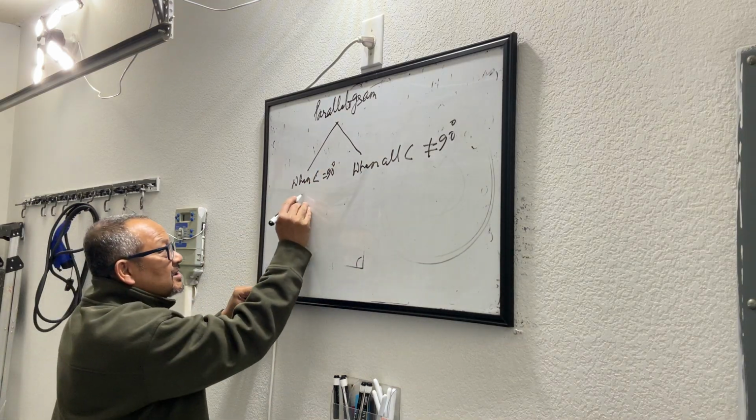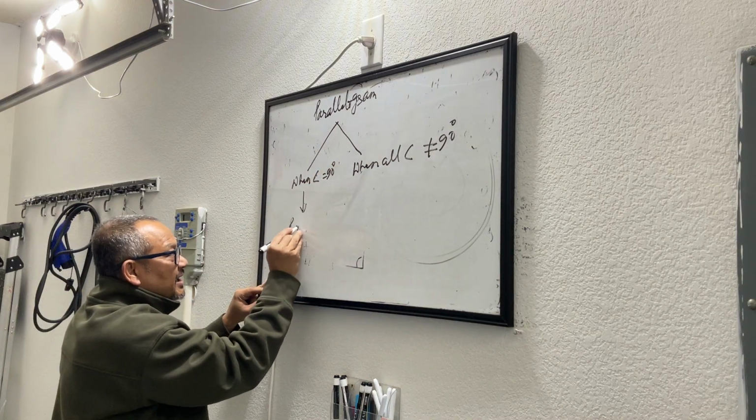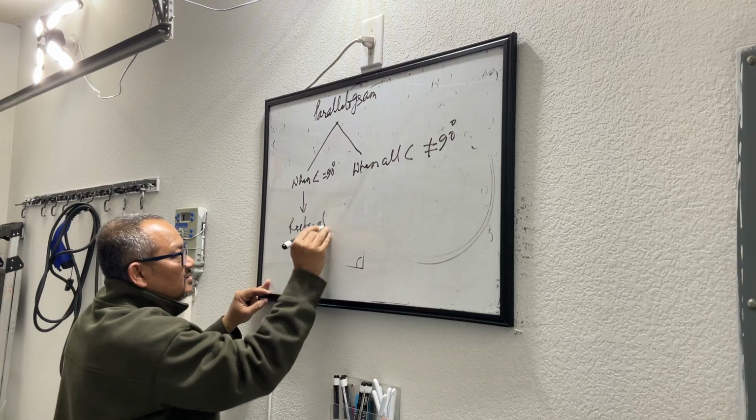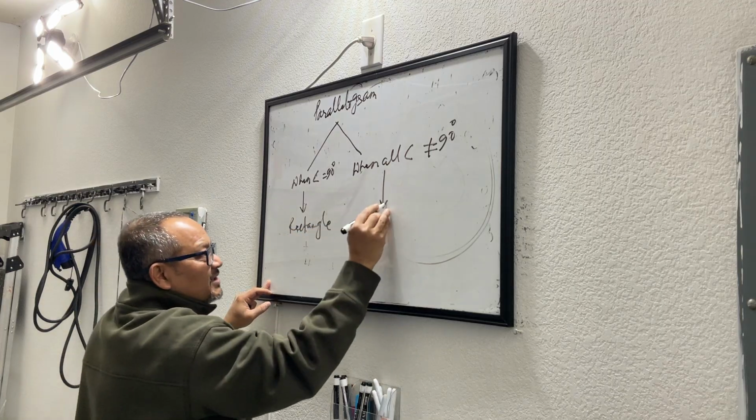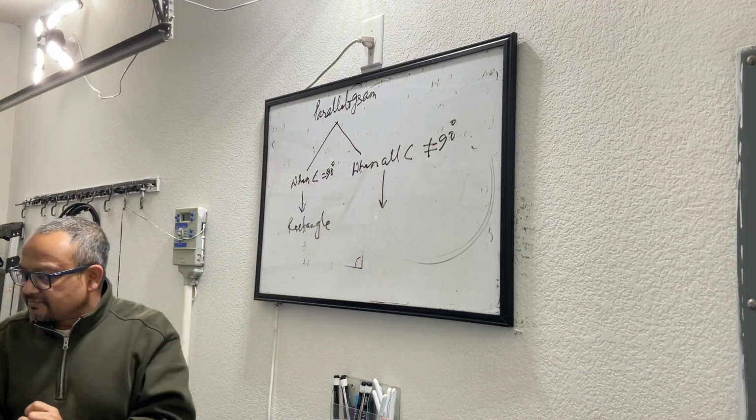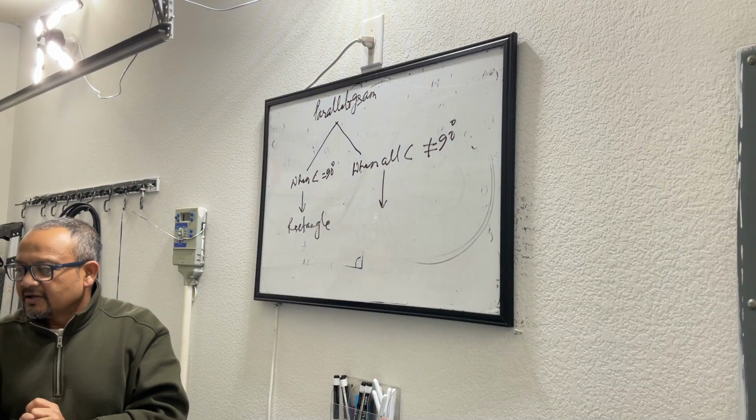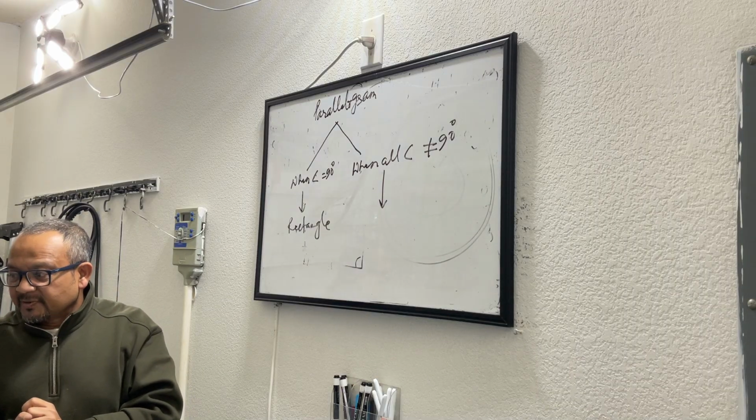When all the angles are 90 degrees, this becomes a rectangle. When it's not, you just call it a parallelogram. Okay? Does it make sense?